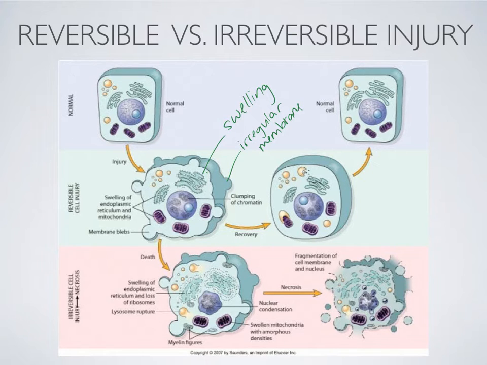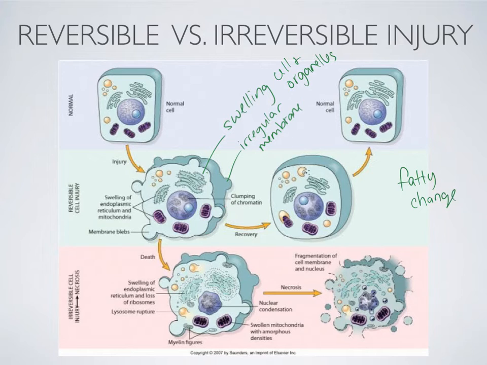Other things you might see are the individual organelles, endoplasmic reticulum, the mitochondria. Those also will be swollen. So swelling of the cell and the internal organelles. And then one thing that is not shown here is fatty change.